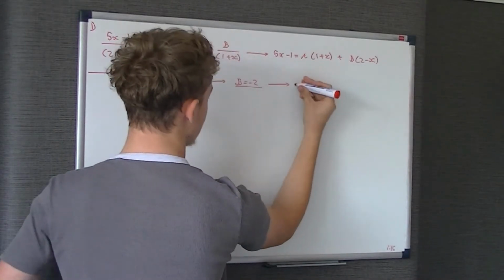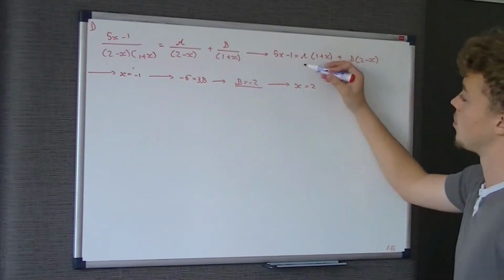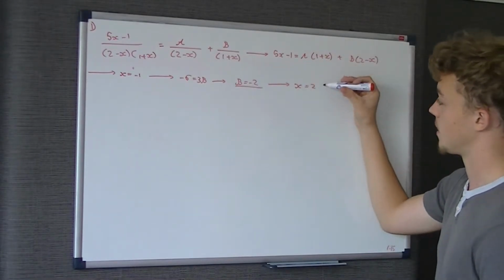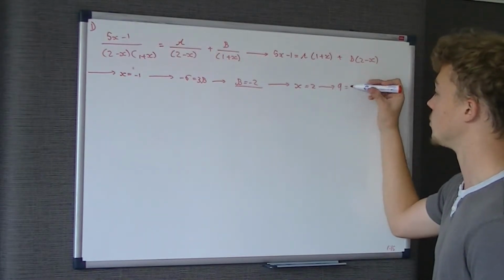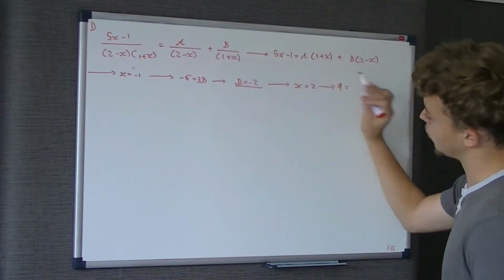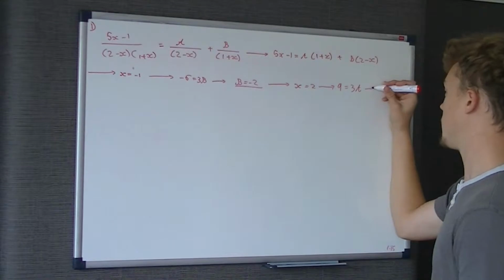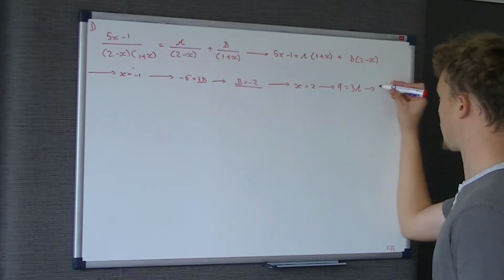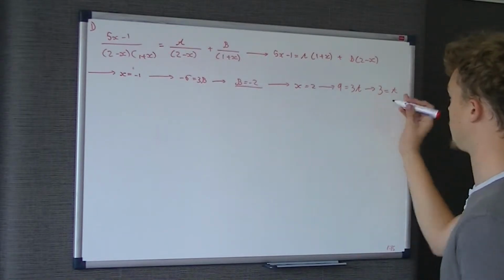So if x is 2, then we sub 2 into 5x take 1, so 5 times 2 is 10, 10 take 1 is 9, and that gets rid of the B, so we don't have to worry about that. 1 plus 2, A times 3, so that's 3A. Divide both sides by 3, 9 divided by 3 is 3, 3 divided by 3 is 1, so A equals 3, or 3 equals A.